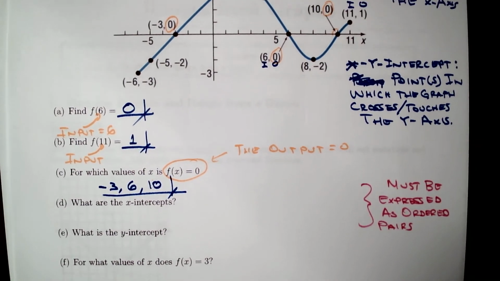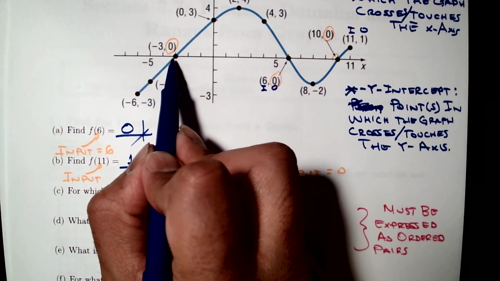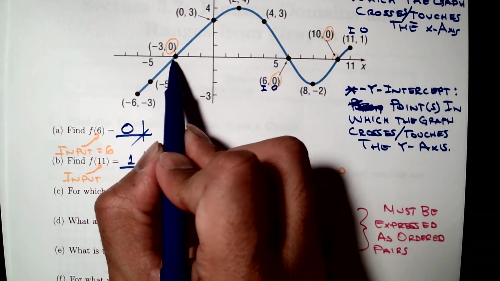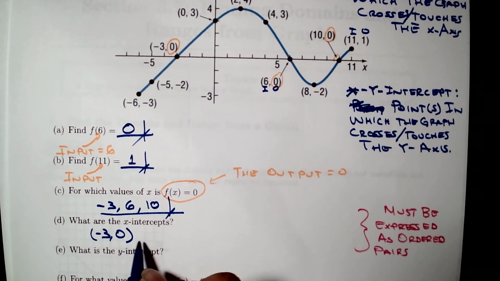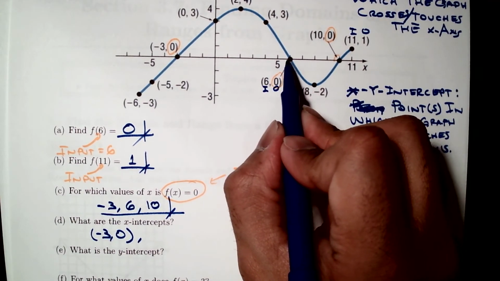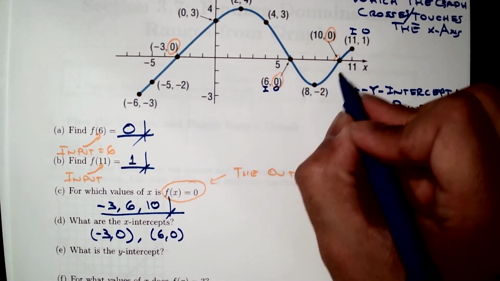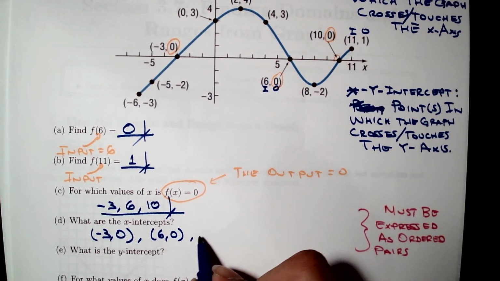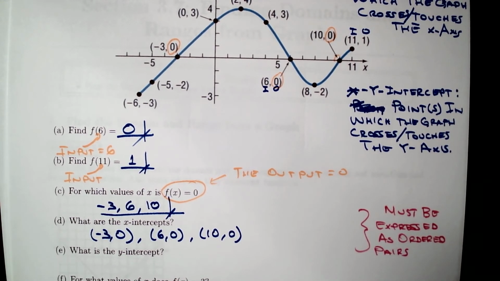So the x-intercepts, let's list them. The first x-intercept is right here. Notice how this point is a point in which the graph crosses the x-axis: -3, 0. Another x-intercept is 6, 0. And last but not least, 10, 0.